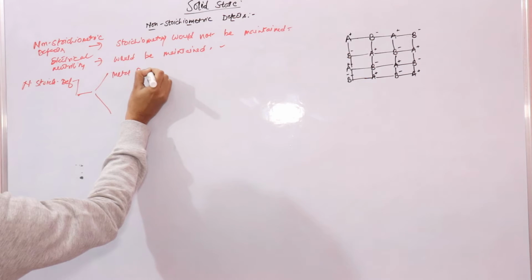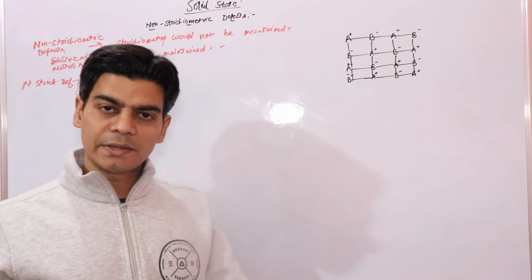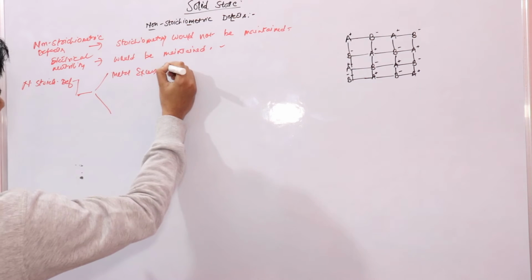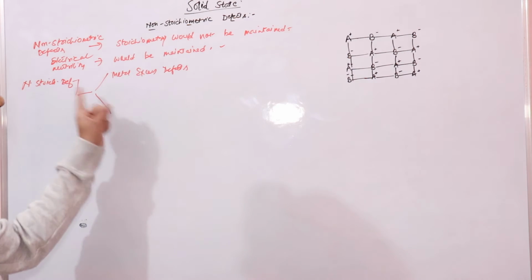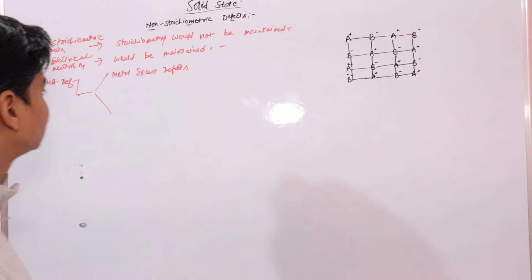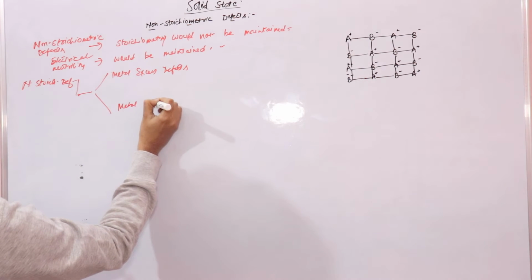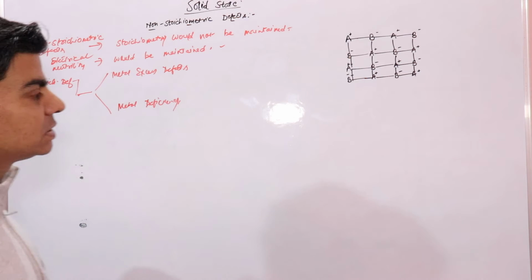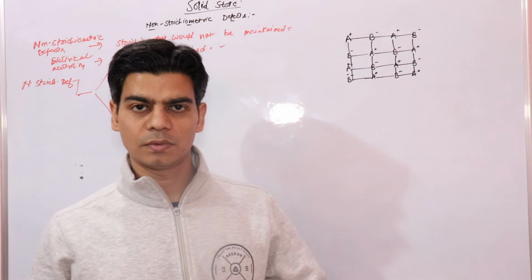metal excess defects. When we talk about metal excess, we mean the cations, which are metal ions. So metal excess defects, we'll see how crystals show metal excess defects. The other is metal deficiency defects, where the positive ions, the metal cations, will become less as compared to negative ions.